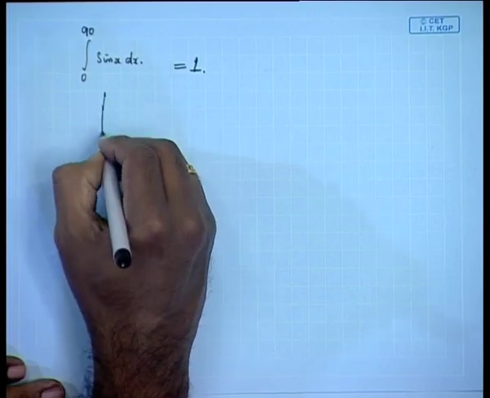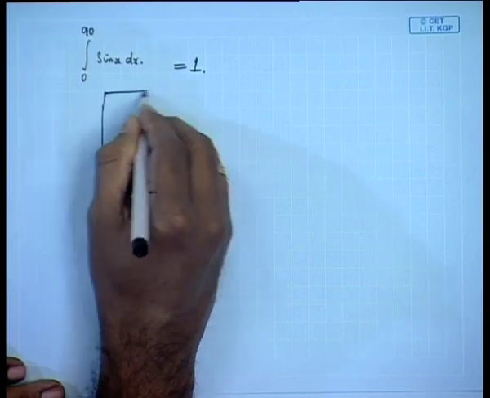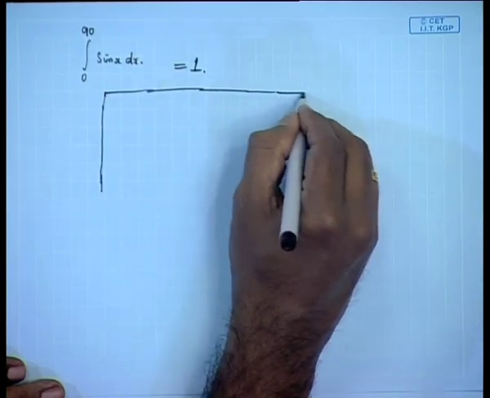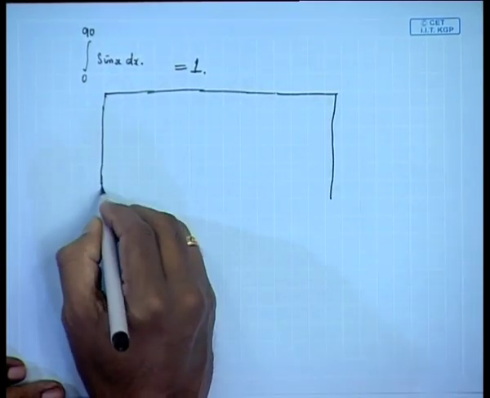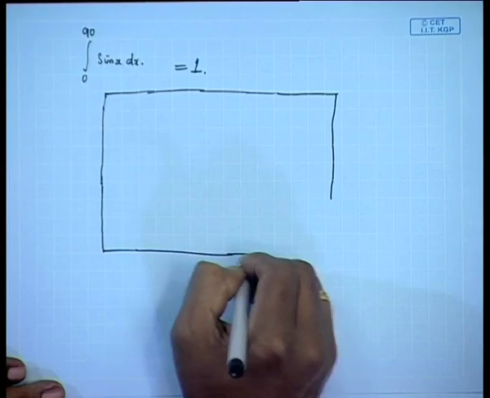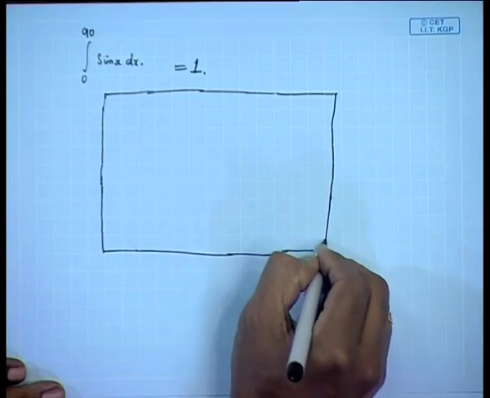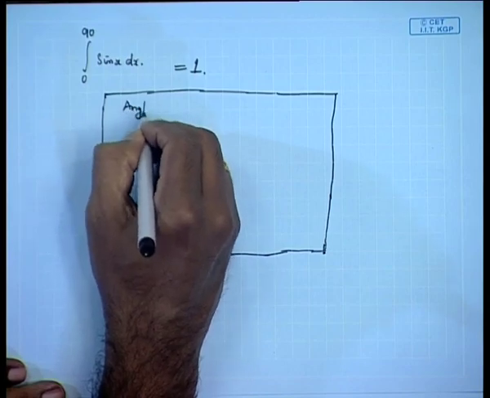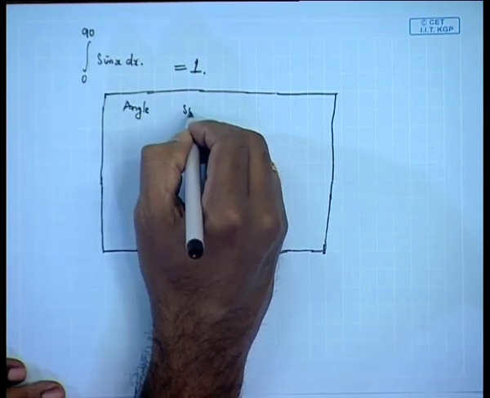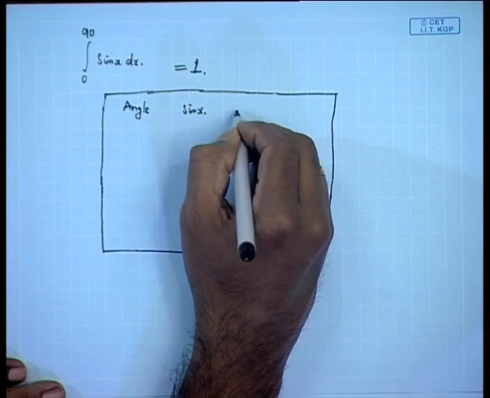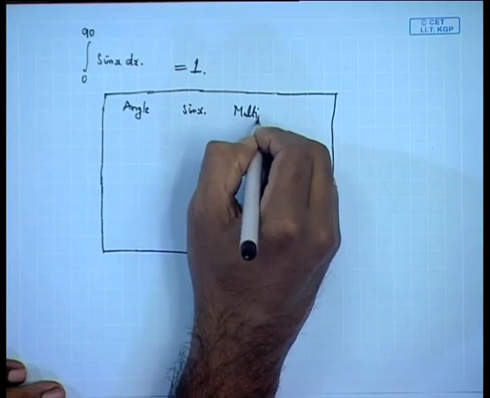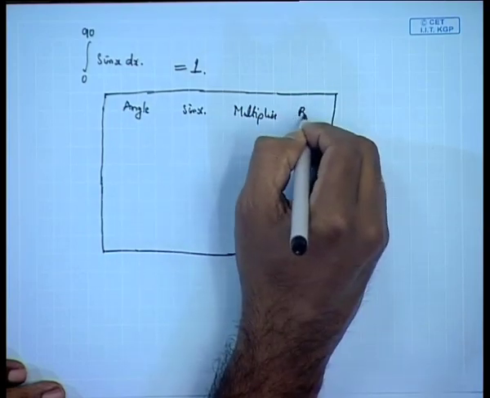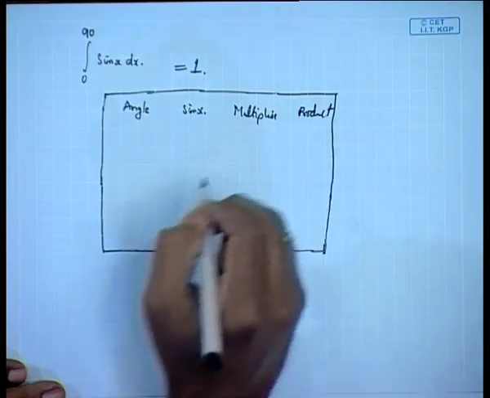If we have to do it using the trapezoidal rule, we do it like this. We make columns for angle, sin x, multiplier, and product.